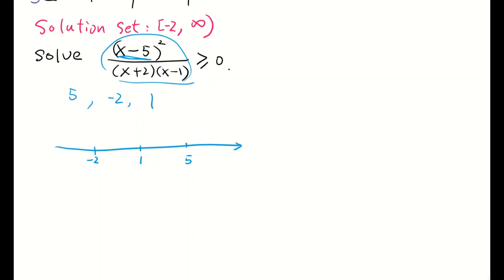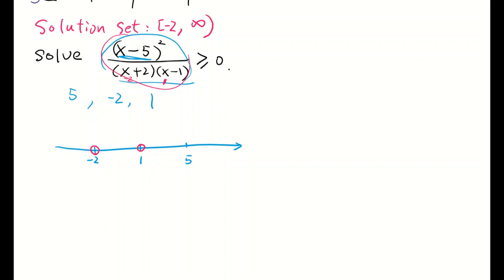First let's test negative 2. If you plug in negative 2 here, the denominator is equal to 0, so the left side is not defined. So this cannot be a solution. Test 1. Similarly, if you plug in 1, the left side won't be defined because 1 makes the denominator equal to 0, and the denominator cannot be 0.